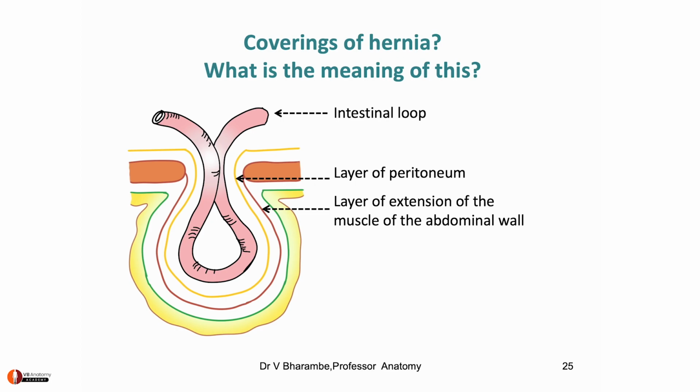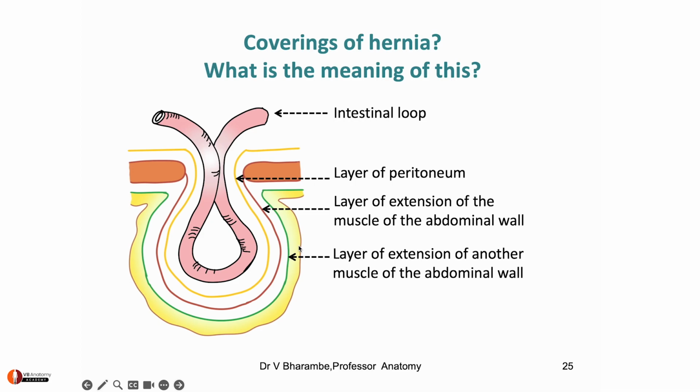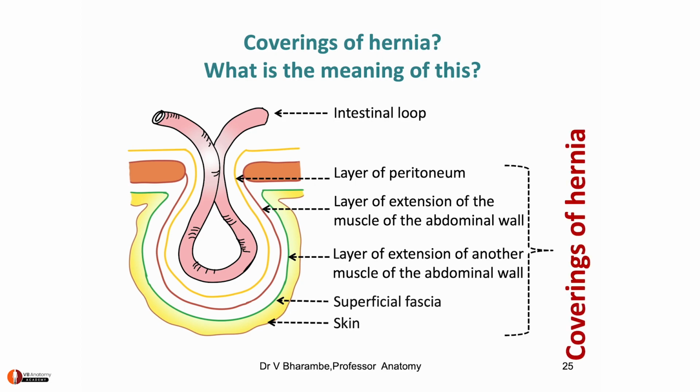This forms one covering. It passes through another muscle, pulling another covering from that muscle. Finally, it's also covered by superficial fascia and the skin. So all these structures, peritoneum, muscle 1, muscle 2, superficial fascia, skin, form coverings of the hernia. And this narrowmost portion is called the neck of the hernial sac. So this is what I mean when I say coverings of hernia.